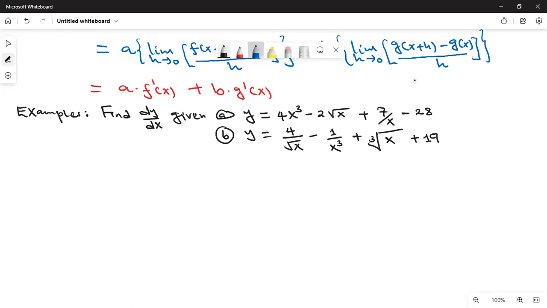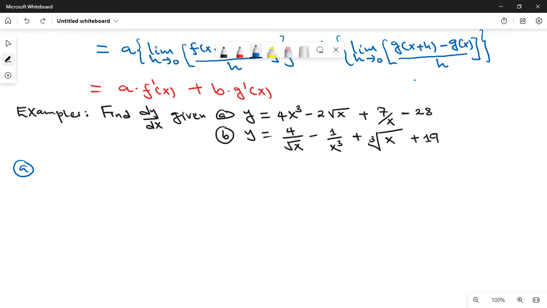Solution, let me choose another color. In part A, dy dx. But before I write dy dx, let me rewrite that function so that I can easily apply the power rule of differentiation.